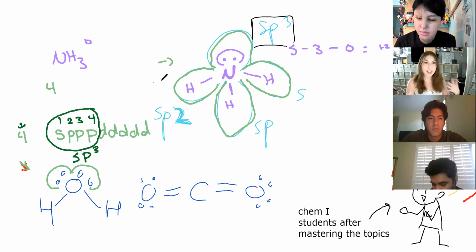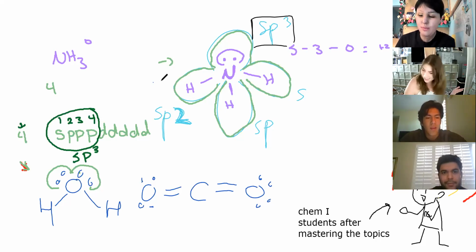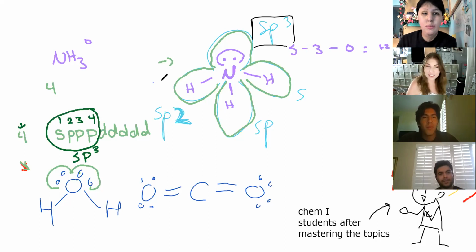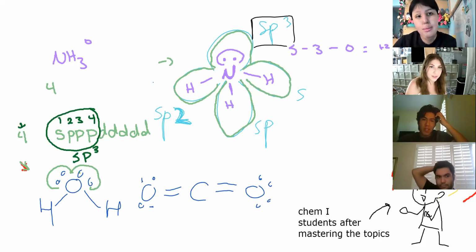You can use Corina's way. Andre, do you have a different way? I actually use exactly the one that you used, or I just do this. I don't want to throw too many ways around because I feel like it'll be overwhelming. But I like to look at whatever's around the atom that you're looking at.